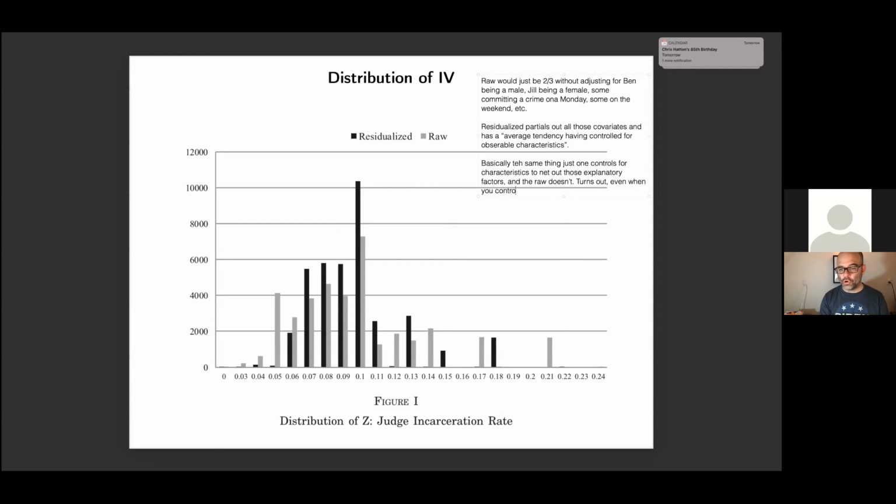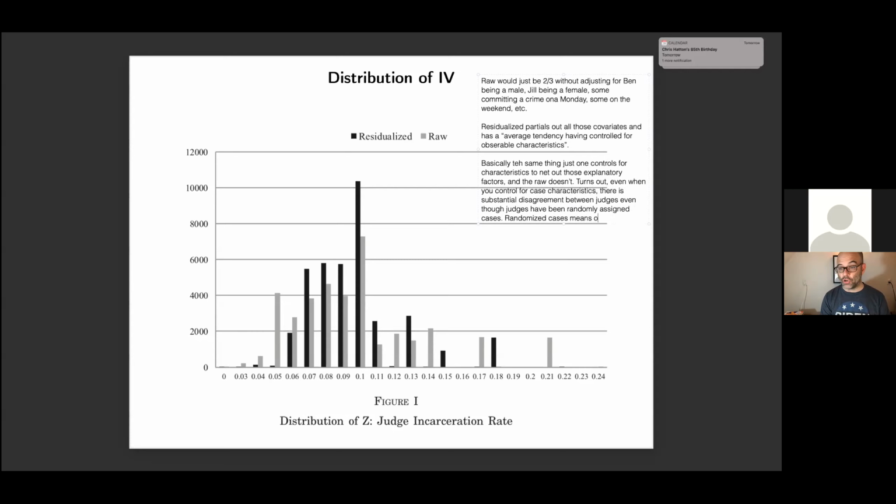Turns out, even when you control for case characteristics, there is substantial disagreement between judges, even though judges have been randomly assigned cases.